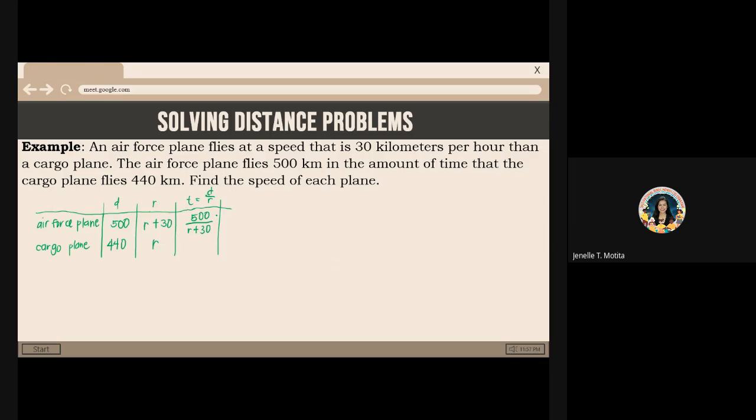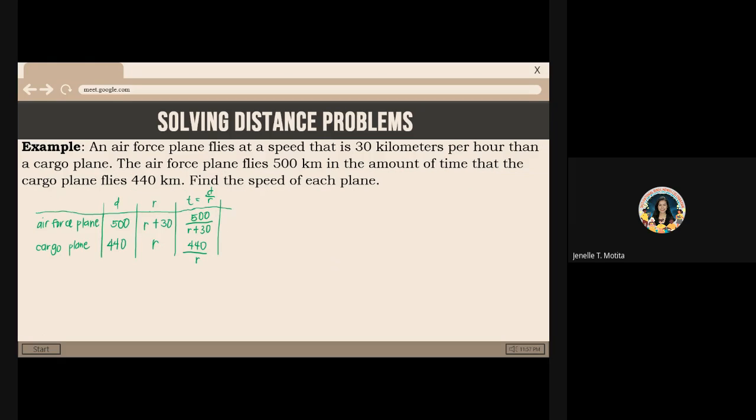The distance divided by the speed is the time consumed to finish that distance. And for the cargo plane, we have 440 over R. Okay?